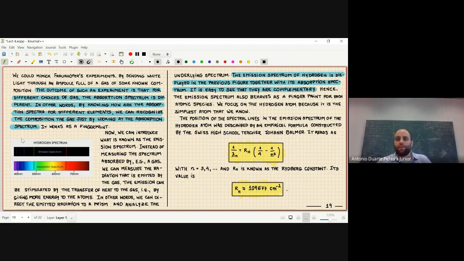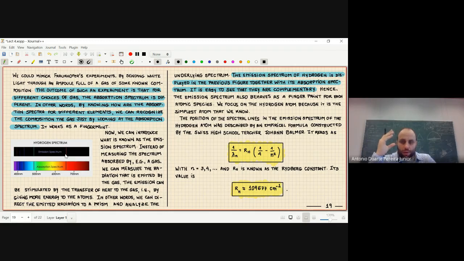So, from the classical theory point of view, there is no reason for having these discrete sets of colors that are absorbed or emitted by a given material. Okay. So how do we explain that?